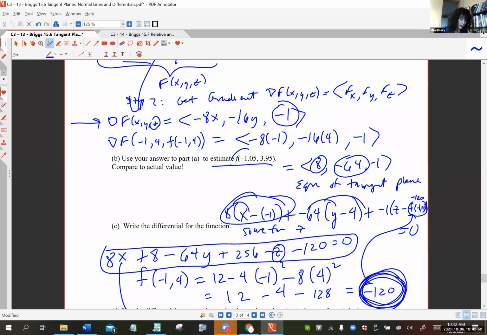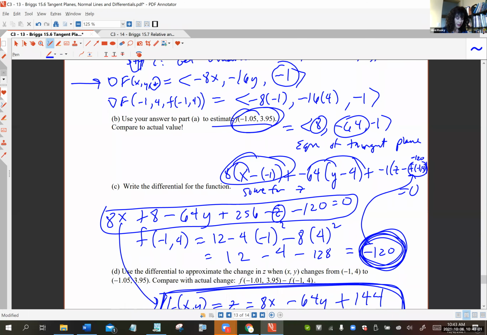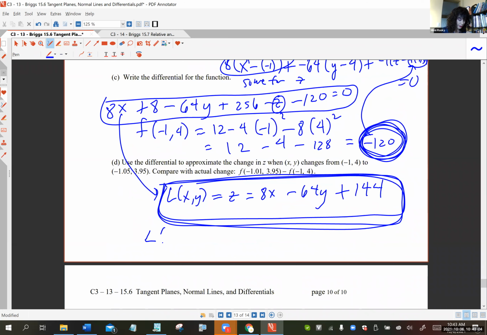So we plug negative 1.05 and 3.95 into this tangent plane equation. We got 8 times the x, minus 64 times that y, 3.95, plus 144. I punch that into the calculator, and I get negative 117.2. Save that for later.